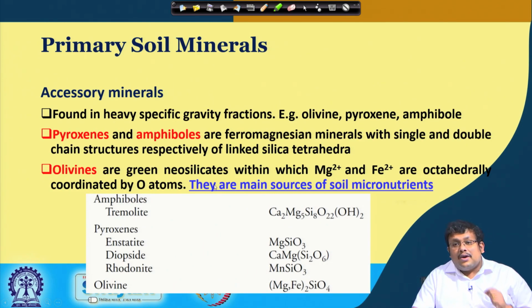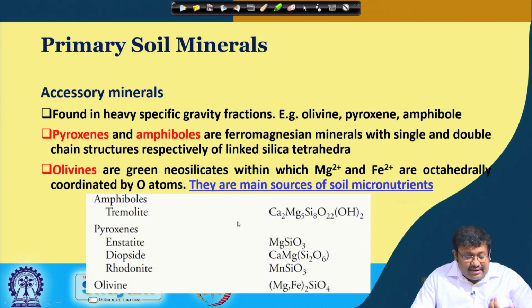And remember one important fact, that these ferromagnesian minerals are the major source of magnesium and iron in the soils, and remember these magnesium and iron are major micronutrients for plant growth. Some examples are given here, like tremolite, an amphibole which has this formula, and it also contains calcium and magnesium.